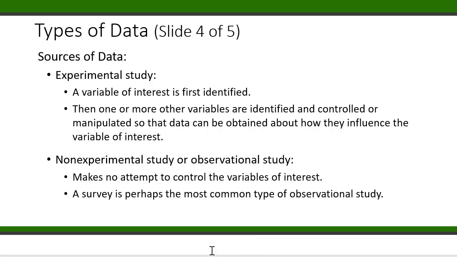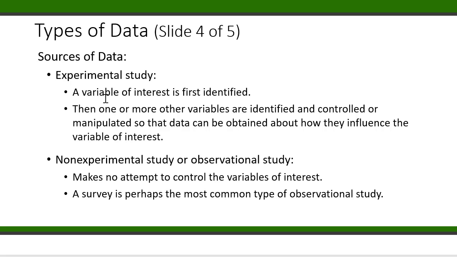When we talk about data, there are also sources of data. One might be an experimental study. When you have an experimental study, you've defined your variables up front. You've also defined your hypothesis. You've also come up with, okay, here's how I'm going to test to see if this hypothesis is correct or not.